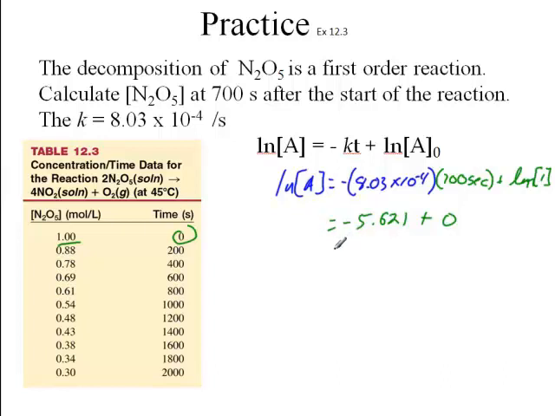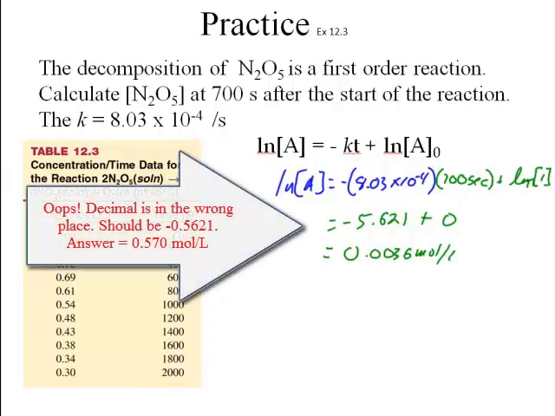If I put in negative 5.621 and hit e to the x, I get a value of 0.0036, in moles per liter, and that is the concentration of A. So at 700 seconds, we would get that concentration.